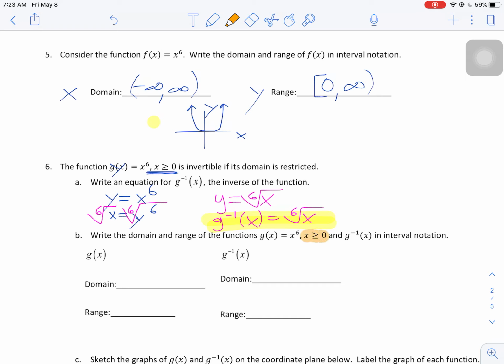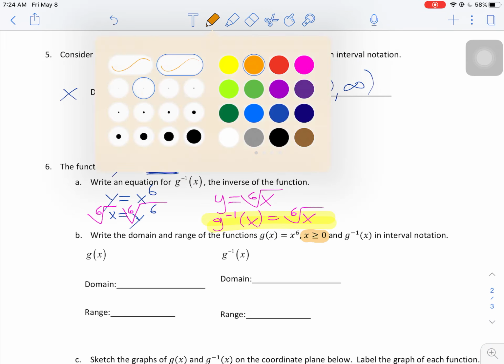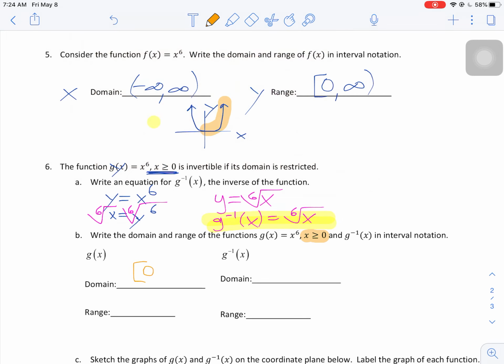So I'm only looking basically at that part of the graph for g of x. So my domain would be 0, infinity, which again, that's basically this written in interval notation. And then my range should be the same thing. It's all my positive y values, but also including 0.